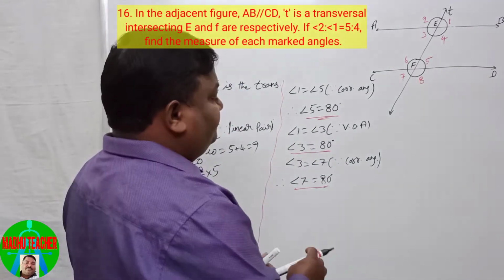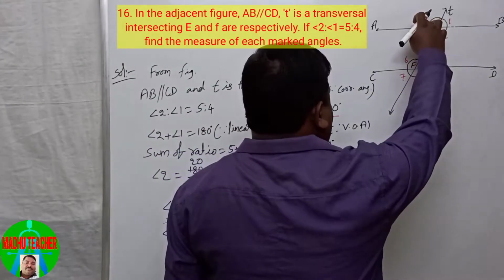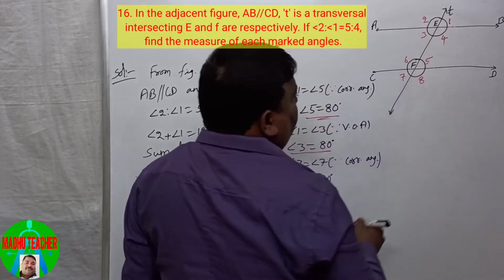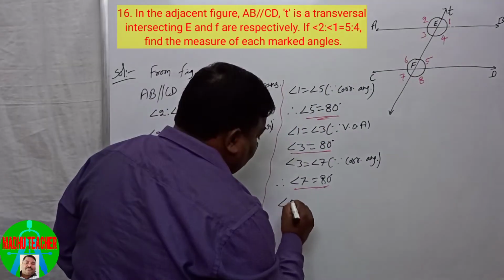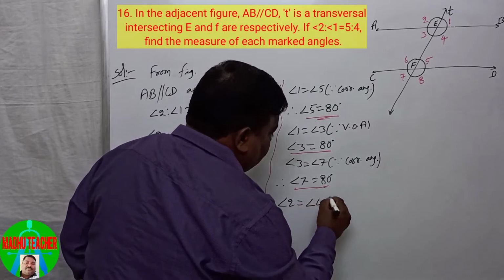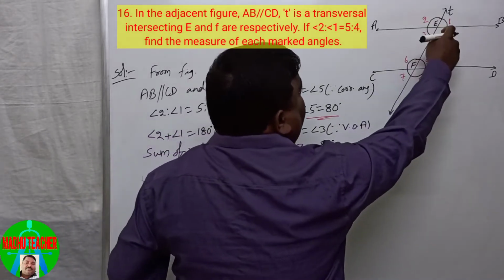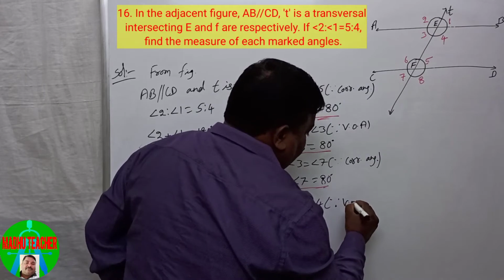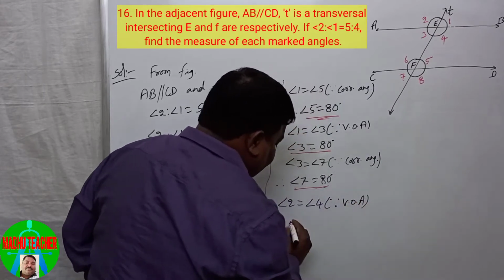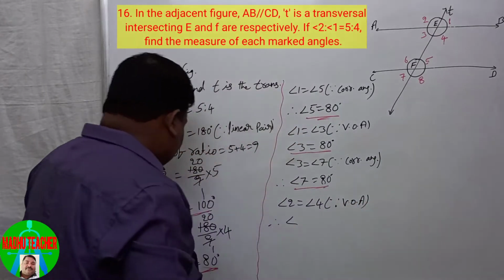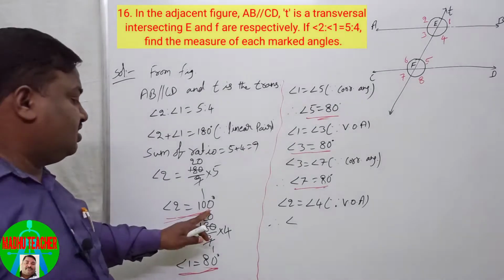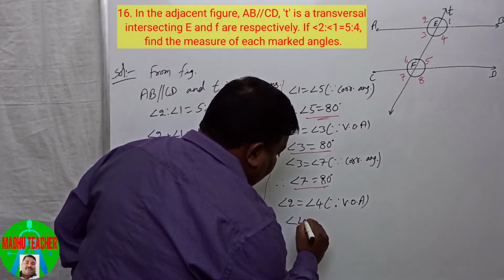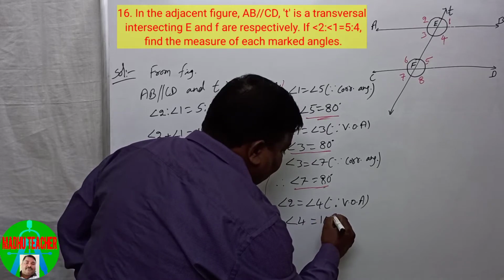So next, angle 2 equal to angle 4, since 2 and 4 are vertically opposite angles. Already we found angle 2 is 100 degrees. Therefore, angle 4 equal to 100 degrees.